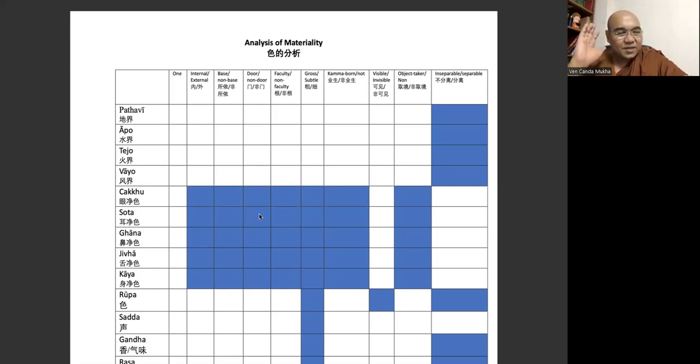In the eye, the eye sensitivity has controlling power. That's why it is a faculty here. So Cheku, Sota, Gana, Jivha, Kaya have controlling power in their respective stations.